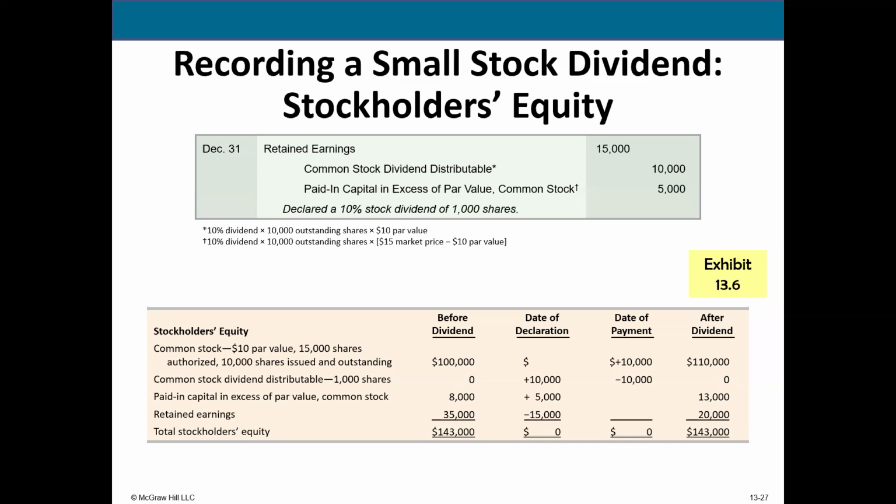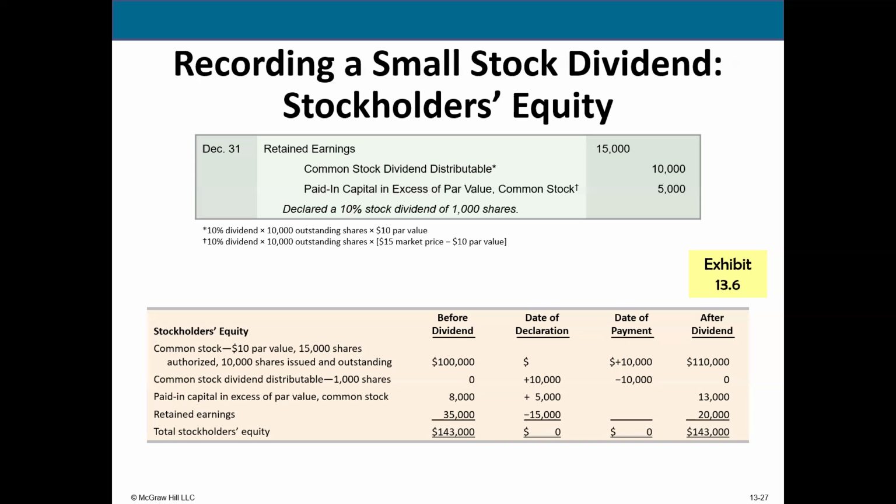When we distribute the 10,000 par value, we have a debit to the common stock dividend distributable and a credit to the common stock.